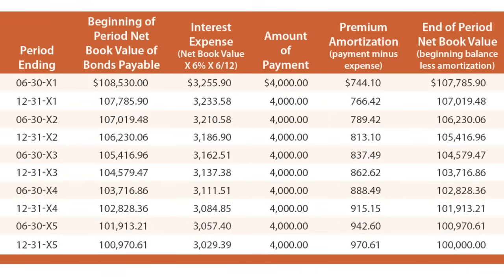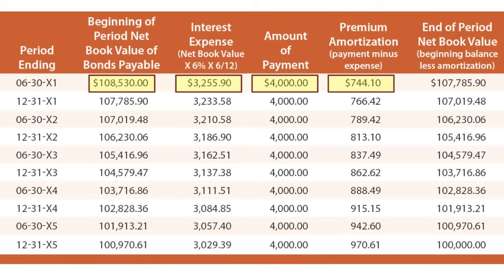And here is an amortization table to illustrate this. So we start out with $108,530. We multiply that times the effective interest rate and reflect that it's only for 6 months of the year, and we calculate interest expense at $3,255.90. Compared to the $4,000 payment gives us a difference of $744, or the premium amortization.